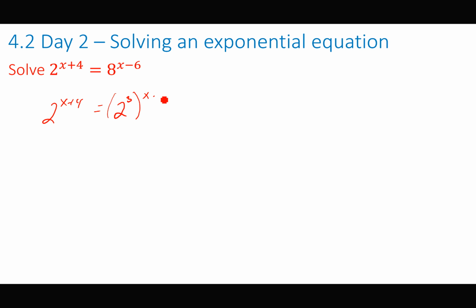And then this is raised to the x minus 6. So my new exponent with a base of 2 is really 3x minus 18. So that 3 applies to each term. You can think of it as the distributive property, 3 times x, but then 3 times negative 6.